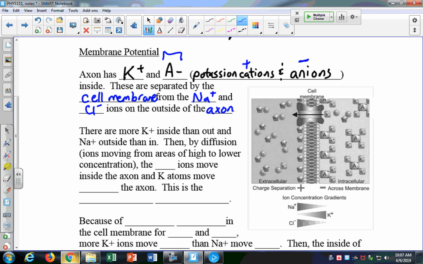Not because of electrical forces, not because of any mechanism moving them through, but just because there's more over here than over there. They'll just spread out into that area.